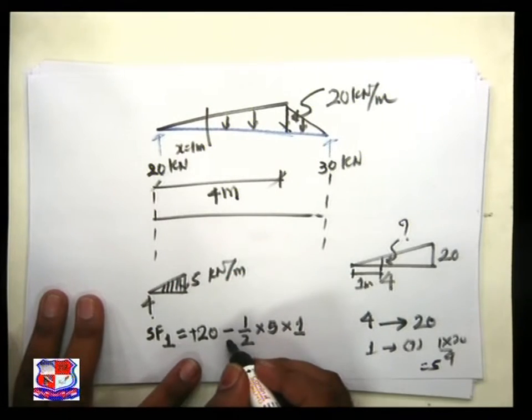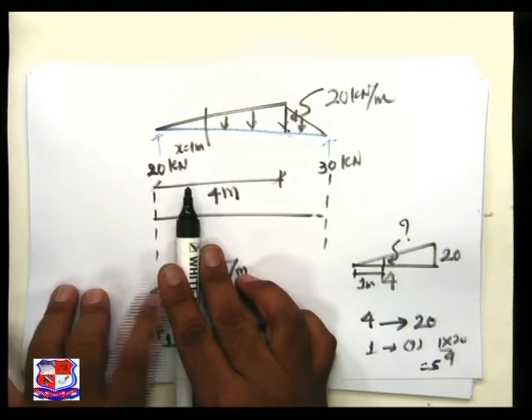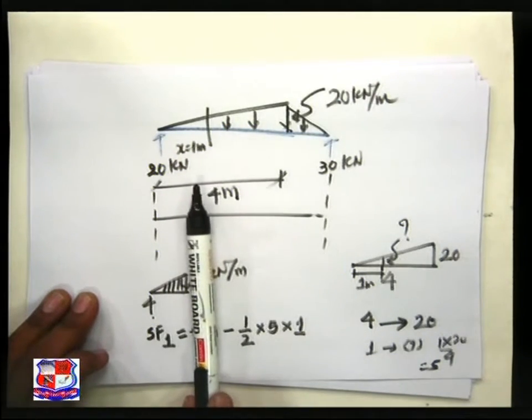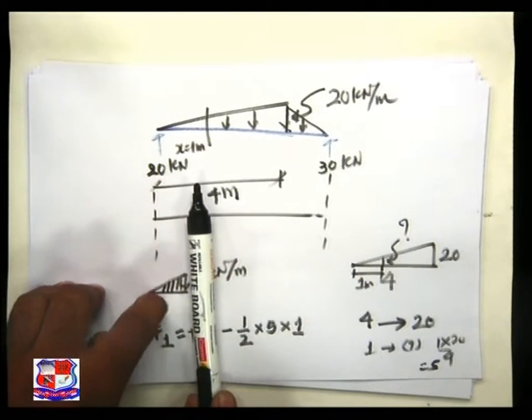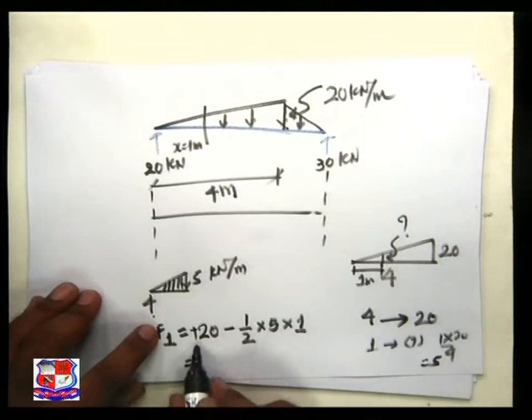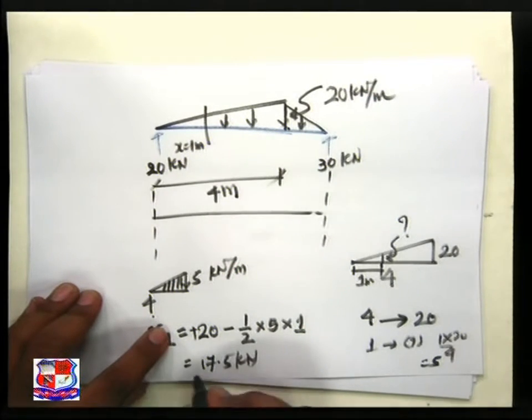Why minus sign? Because the section load is acting downward, left down. Once again, section over here, all the load vertical is downward, so it is minus sign. So we achieve 20 minus 2.5, 17.5 kilonewton.